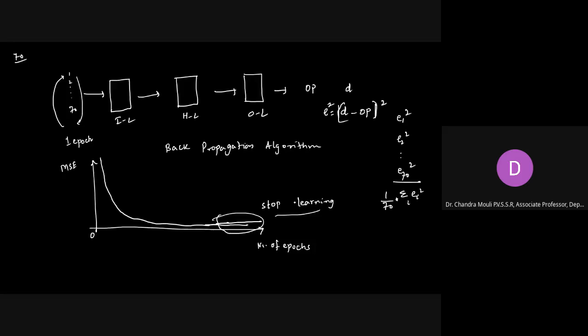At that time, whatever weights you have, those 800 weights, where 600 weights are between the 30 neuron input and 20 neuron hidden layer, and 200 weights are between the 20 neuron hidden layer and the 10 neuron output layer, those weights will be stored as your final memory.